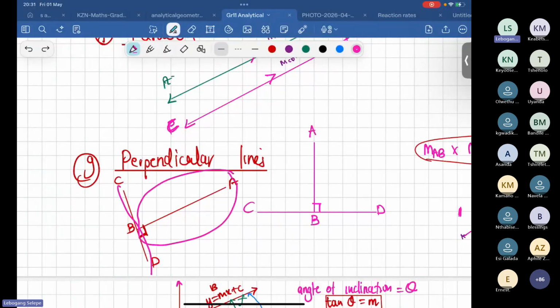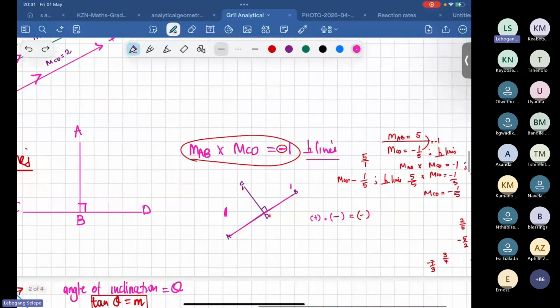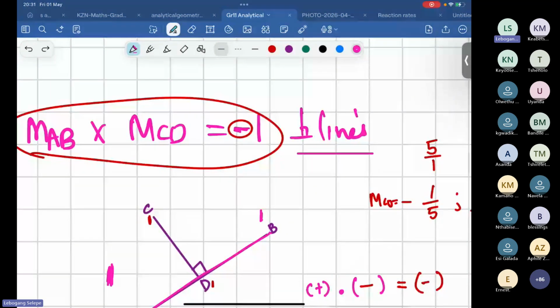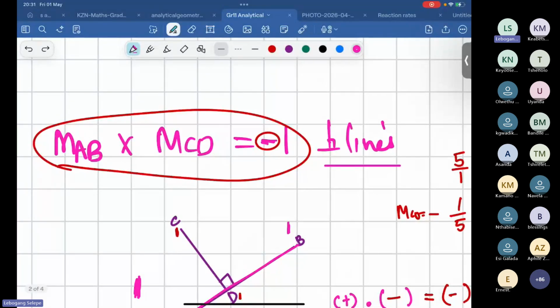So if we understand that the relationship between the diameter and the tangent at the point of tangency is perpendicular, then we can use this idea around perpendicular lines: if I can get the gradient of the diameter, I can figure out the gradient of the tangent, because if I multiply the two gradients, I'm supposed to be getting a -1.